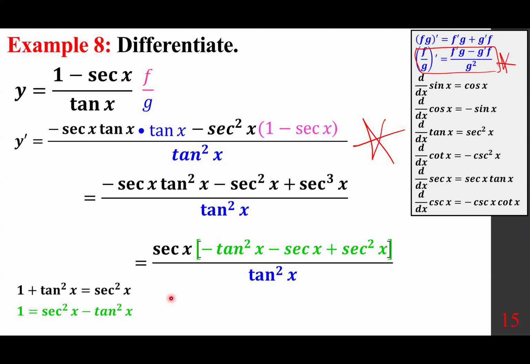So I'm going to move this to the right: secant squared minus tan squared equals 1. So I can replace these two according to the Pythagorean identity. I can change them into 1. So the final answer becomes secant x, and the brackets become 1 minus secant x, this one remains, over tan squared x. This is the final answer.